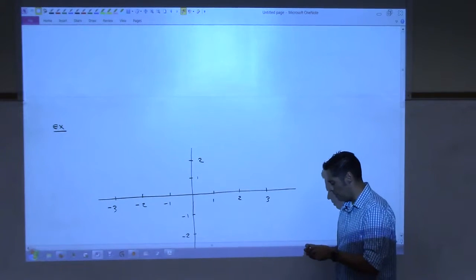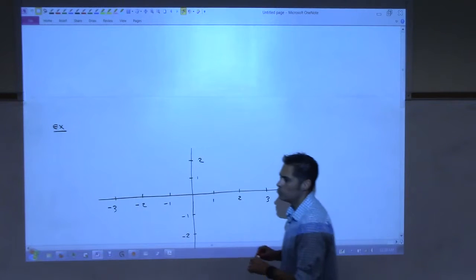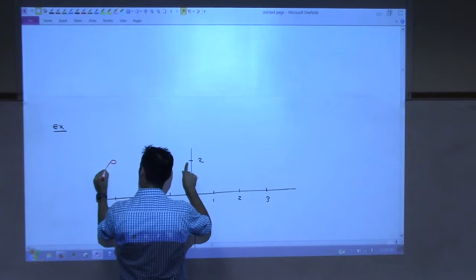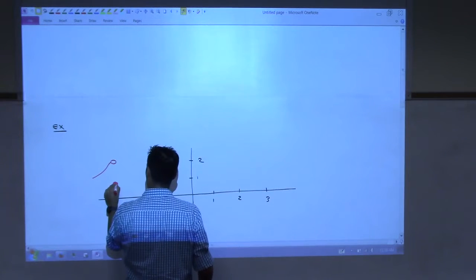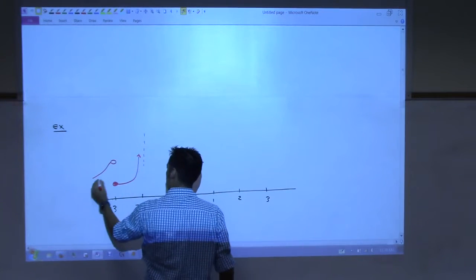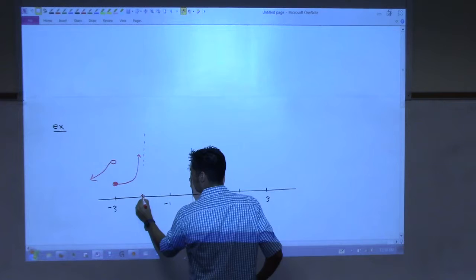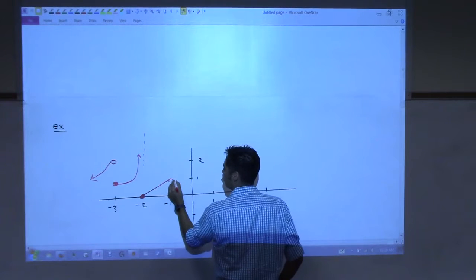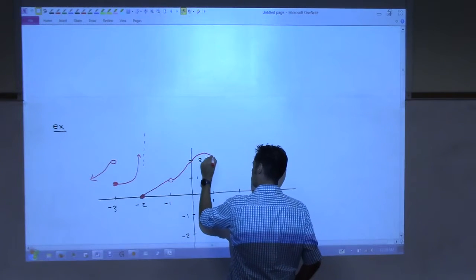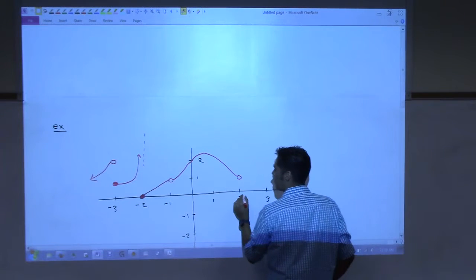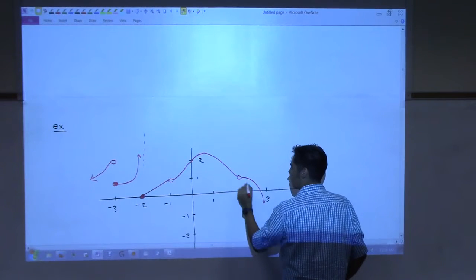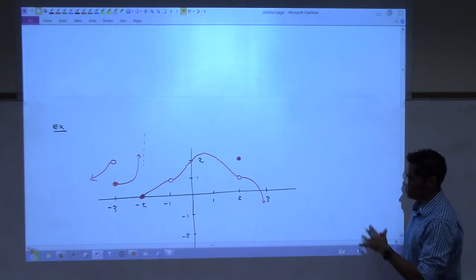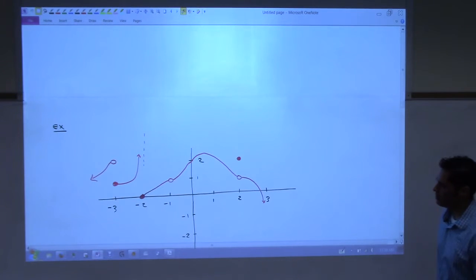All right, I'll draw the function in different colors so we can see it. You might take a minute to make sure that if you are writing this down that you have everything correct here.